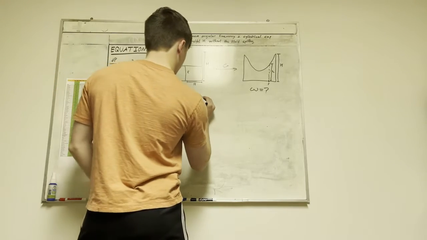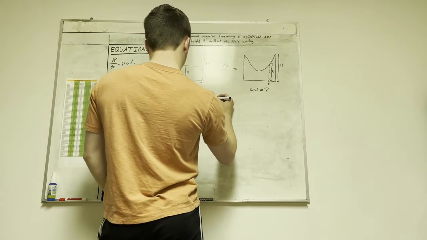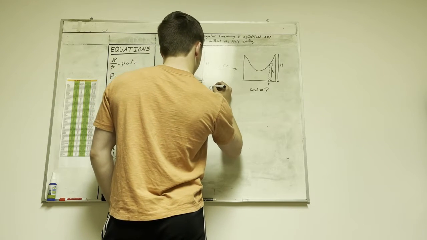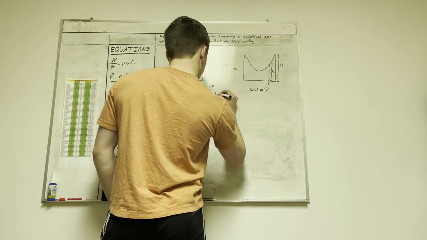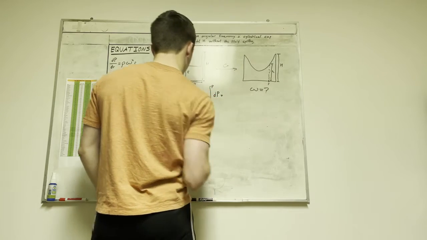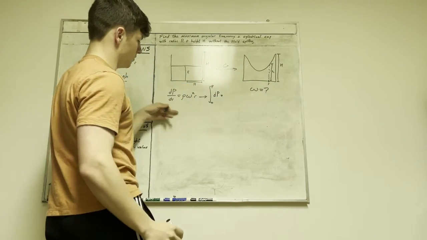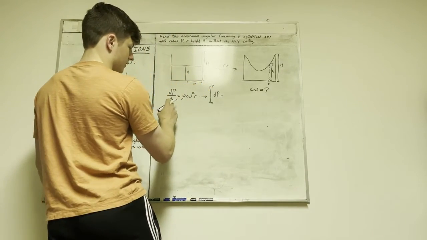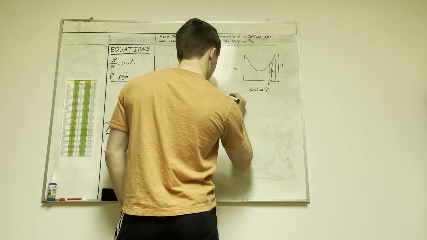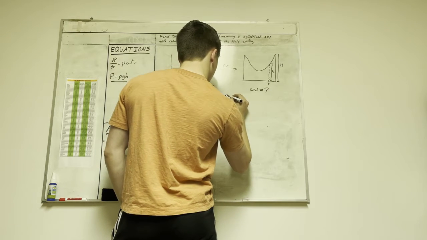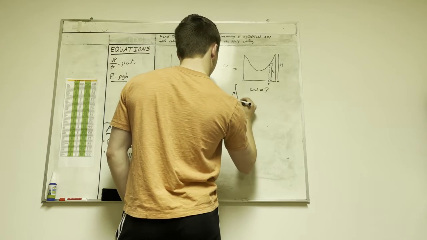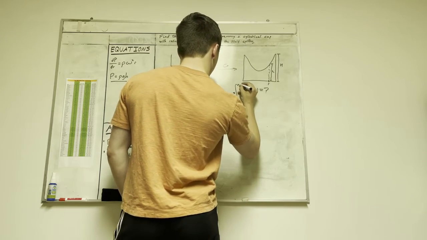So here we'll have the integral with bounds from 0 to p, dp equals, and then you move this dr over, and these are constants with respect to r, so we can pull that out of the integral. Rho omega squared, integral from 0 to r.